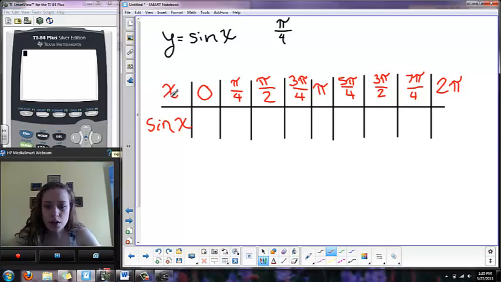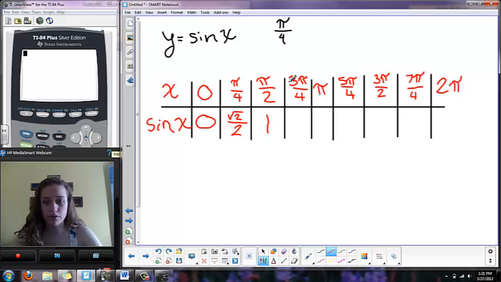So when x is equal to 0, sine of x is also equal to 0. At x equals pi over 4, or 45 degrees, sine is radical 2 over 2. At 90 degrees, or pi over 2, sine is equal to 1.